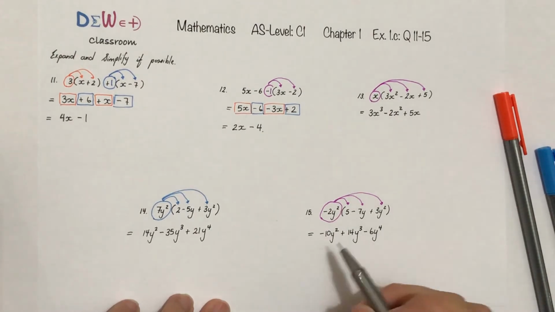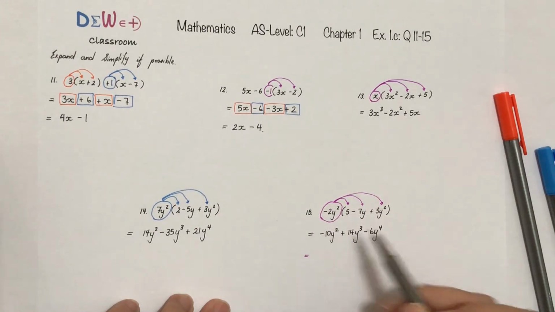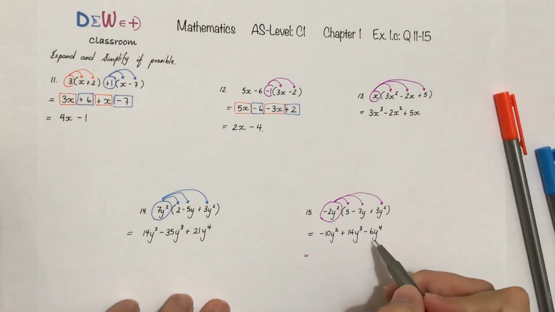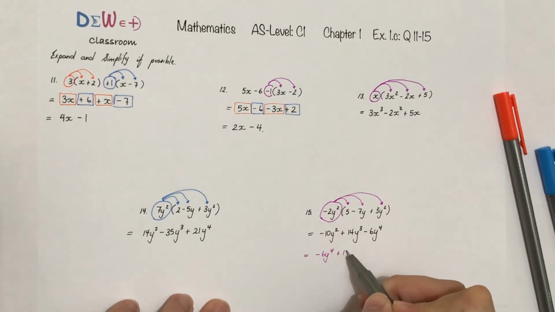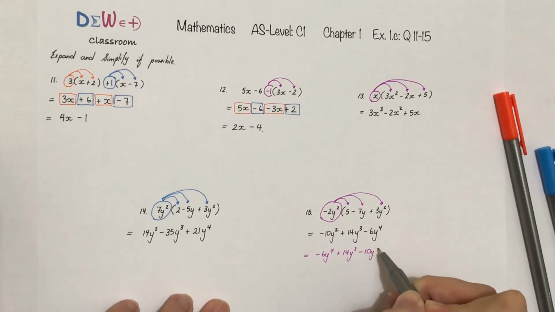Just a reminder, often they don't like you to start an expression with a negative in your answer, and in most cases they like you to have descending order of indices. So the ideal would have been negative 6y to the power 4 plus 14y cubed minus 10y squared.